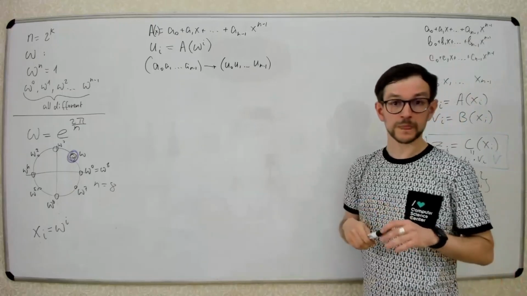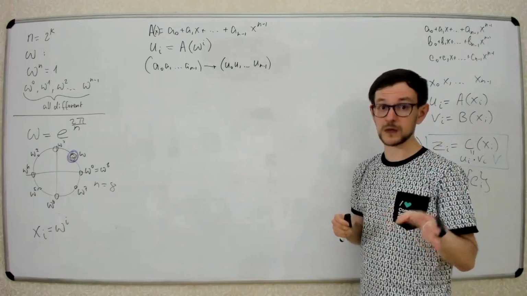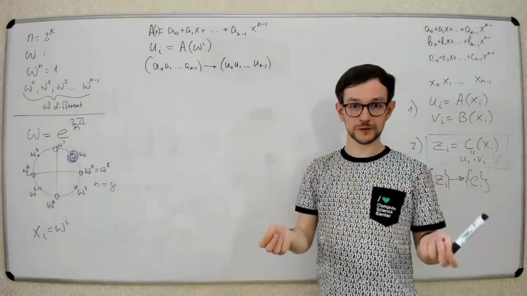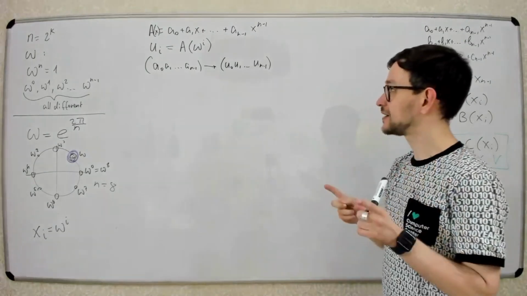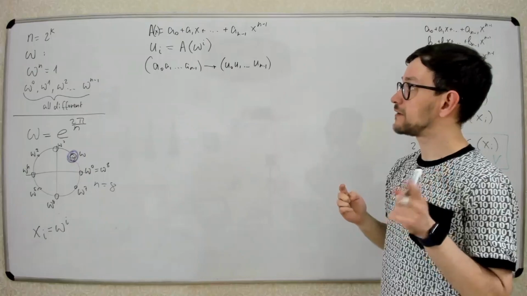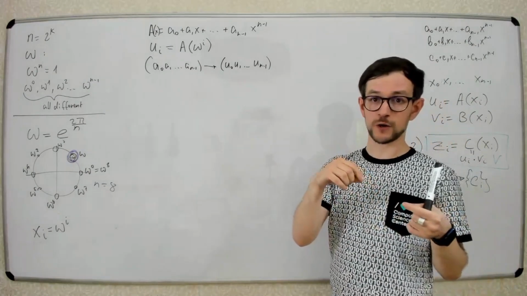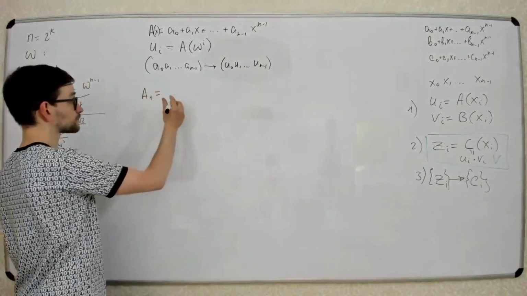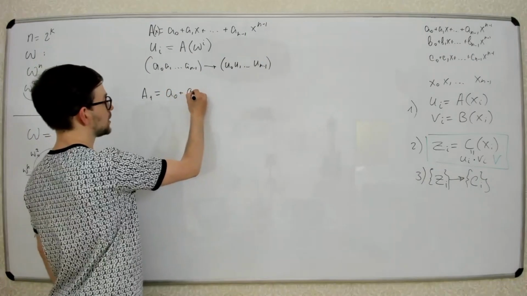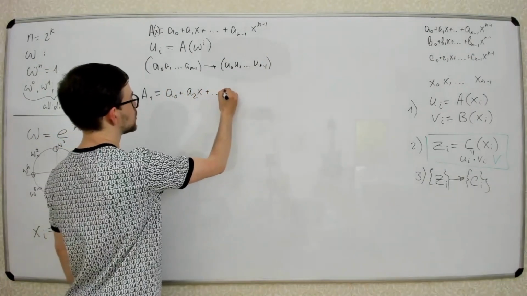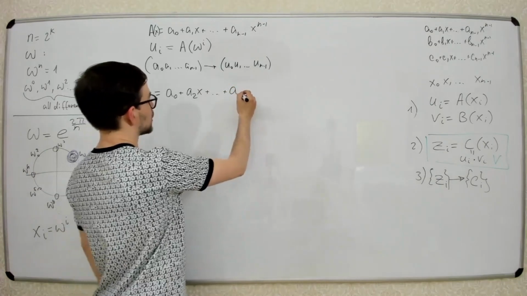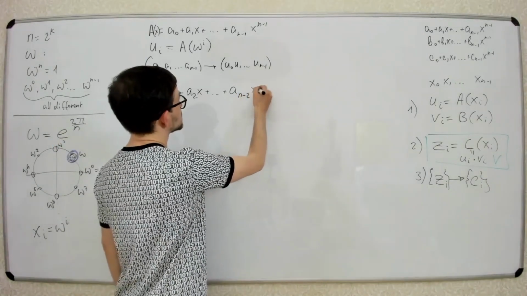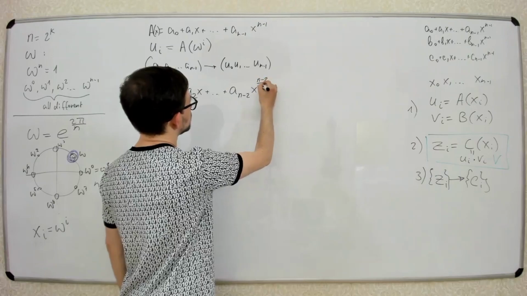Now we will use the divide and conquer technique again, but slightly different from Karatsuba. I want to take my polynomial and divide it into two polynomials. In one polynomial, I take all the even coefficients; in another polynomial, all the odd coefficients. So polynomial a1 is a0 plus a2 x plus and so on plus a n minus 2 x power n minus 2 over 2.